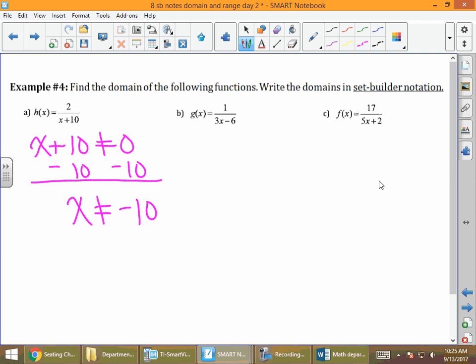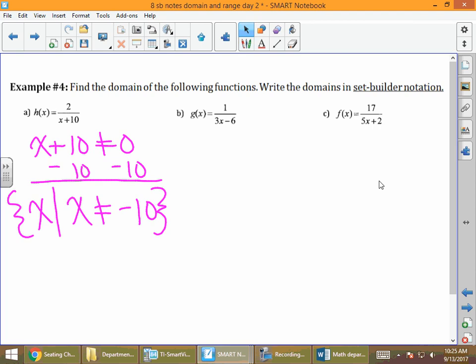That's our domain, and we want to put this in set builder notation. Again, I don't write it over, I just put the set builder in. Squiggly bracket, x bar, squiggly bracket. The denominator of the fraction is where we need to be concerned when we're dealing with the domain.